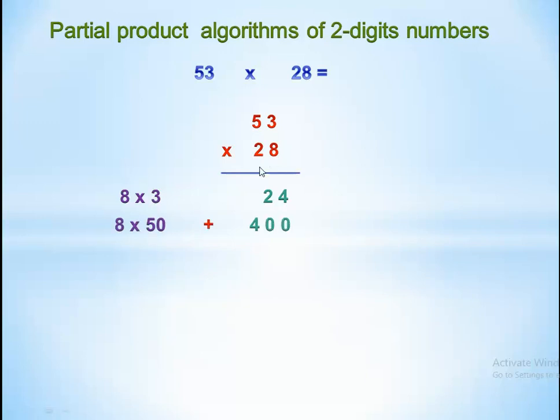And here we will multiply 2, or 20. Yes, 20, because here 2 is in the tens place, so it will be 20. 20 times 3 and 20 times 50. Okay, and add. So the answer is 1484.